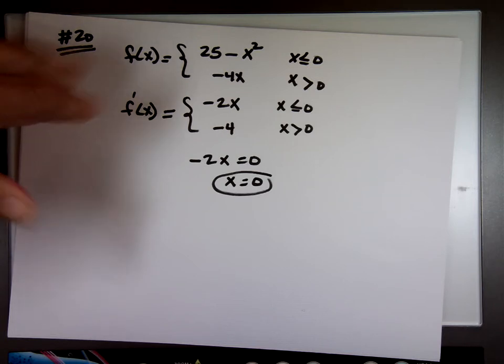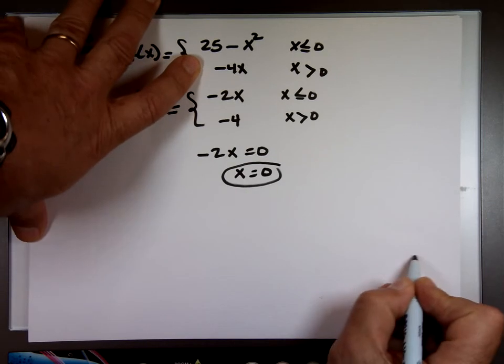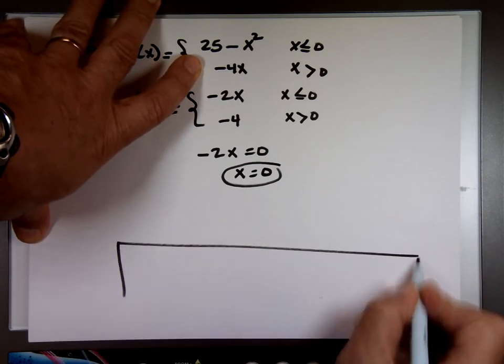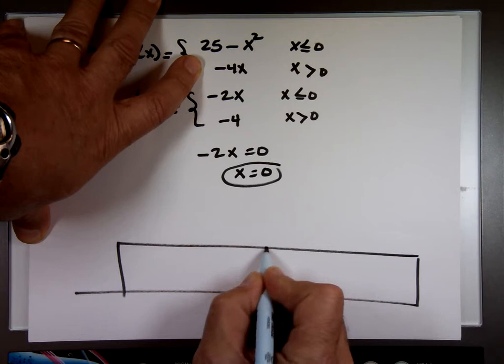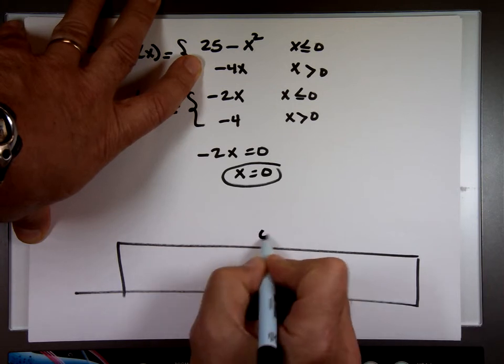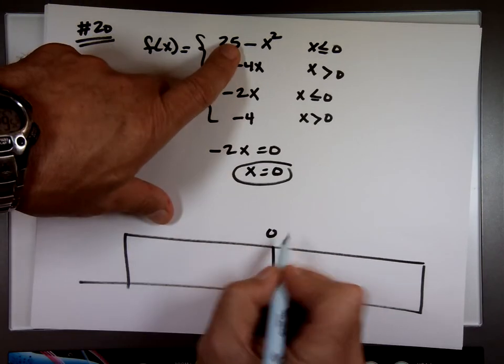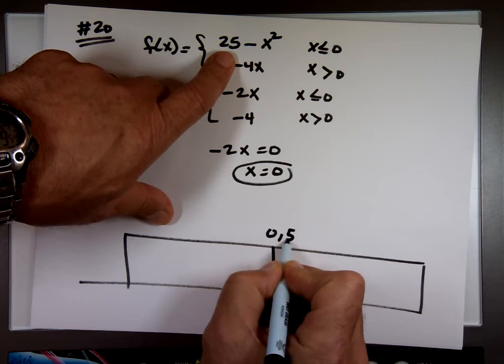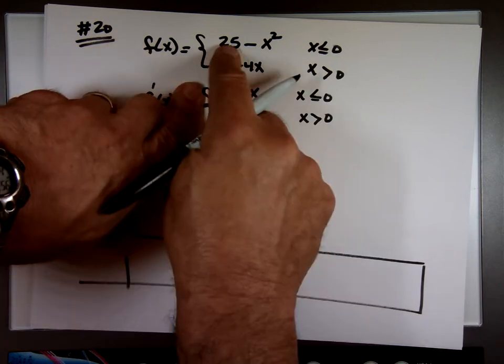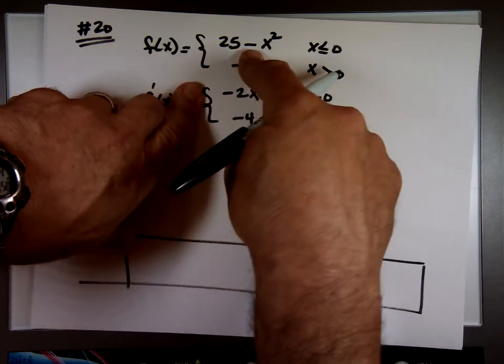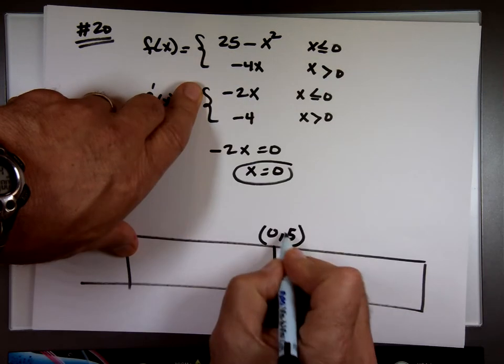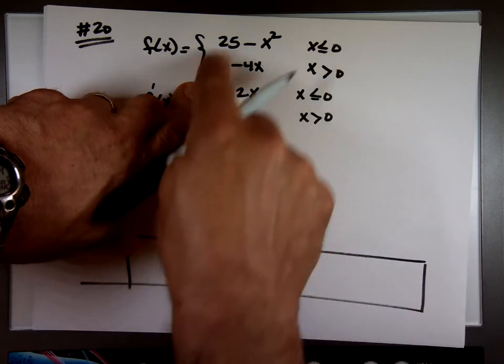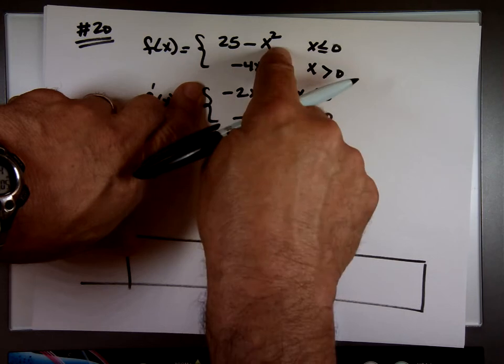Now let's look at the derivative again. X equals 0. What's the y value when x is 0? Is that a 5? 25, right? 25, not 5. 25 minus 0, which is 25.